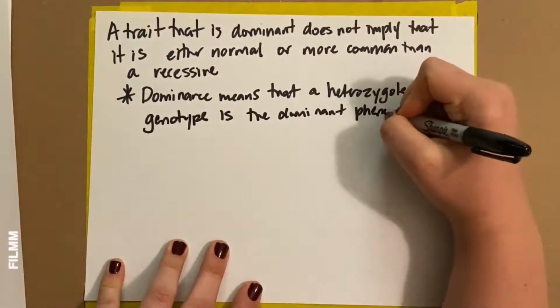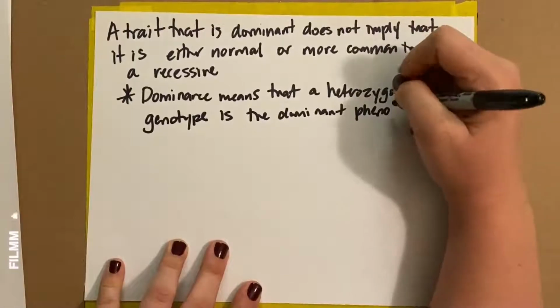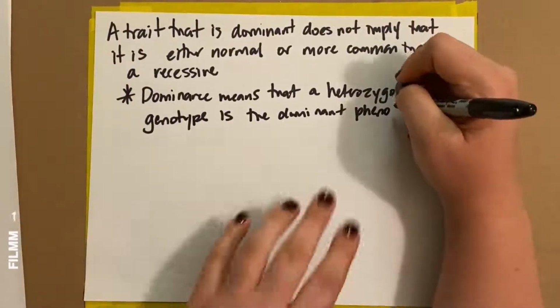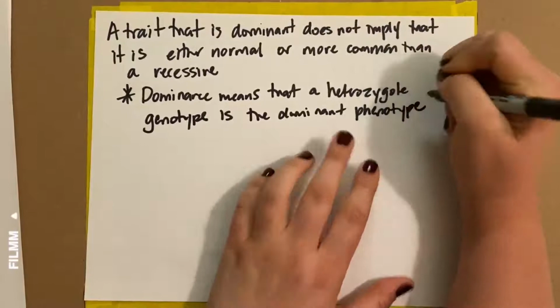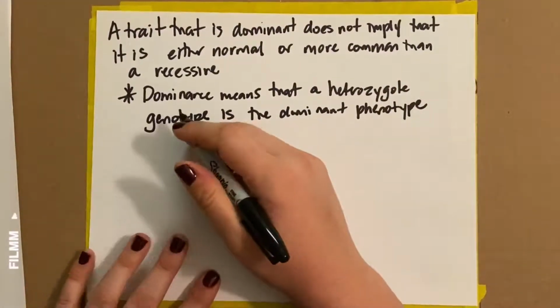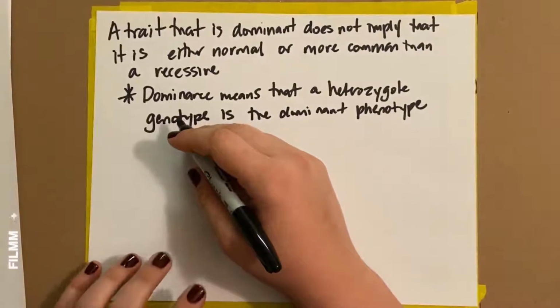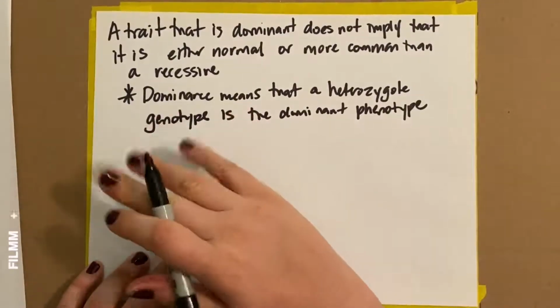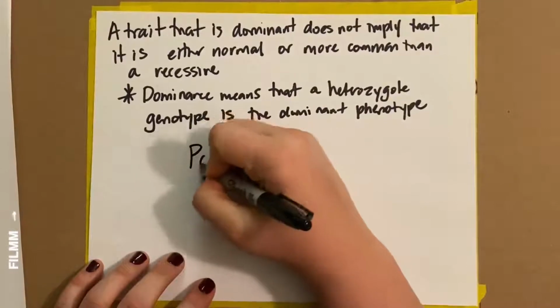So if we say it's dominant, that just means that if it's present, it will show up in the phenotype. One really good example of a dominant phenotype that is not common, I'm not going to say it's not normal, but it's not common, is something called polydactyly.